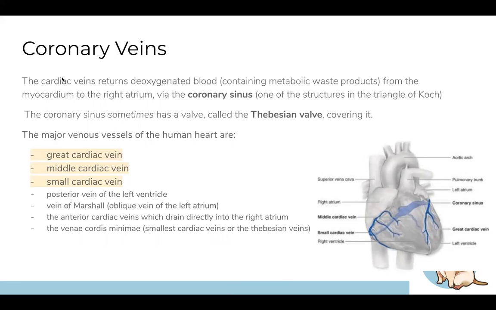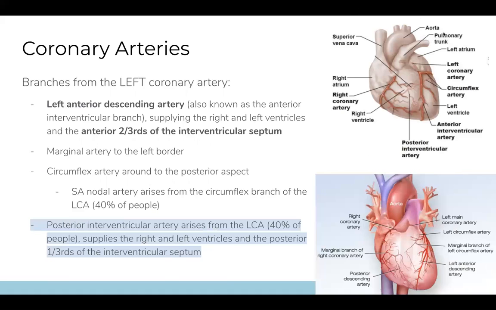Actually, there was one last thing I wanted to mention about the coronary arteries, that we were told by a wonderful third year a couple of days ago. If you have a heart attack, you can tell whether it is anterior, inferior, or lateral. If it's an anterior heart attack, it's going to be your LAD.